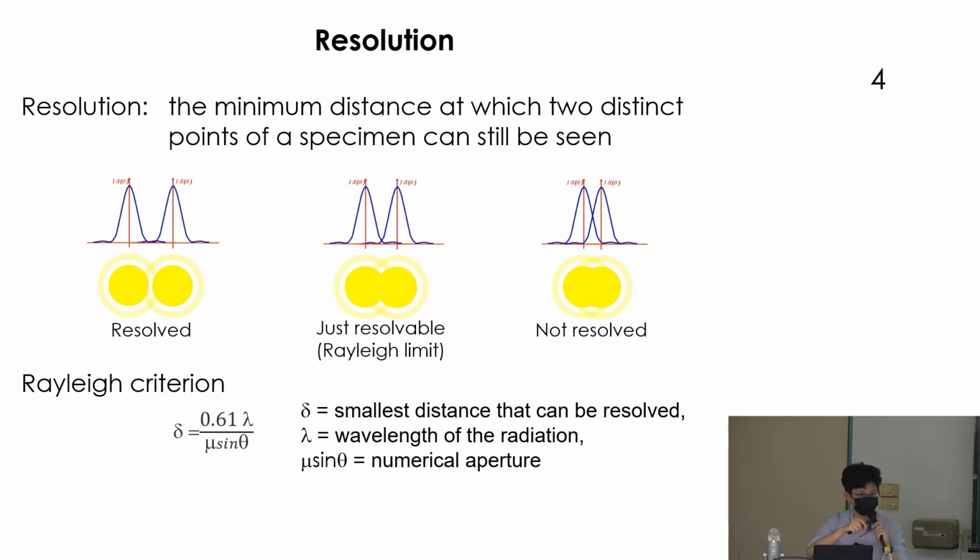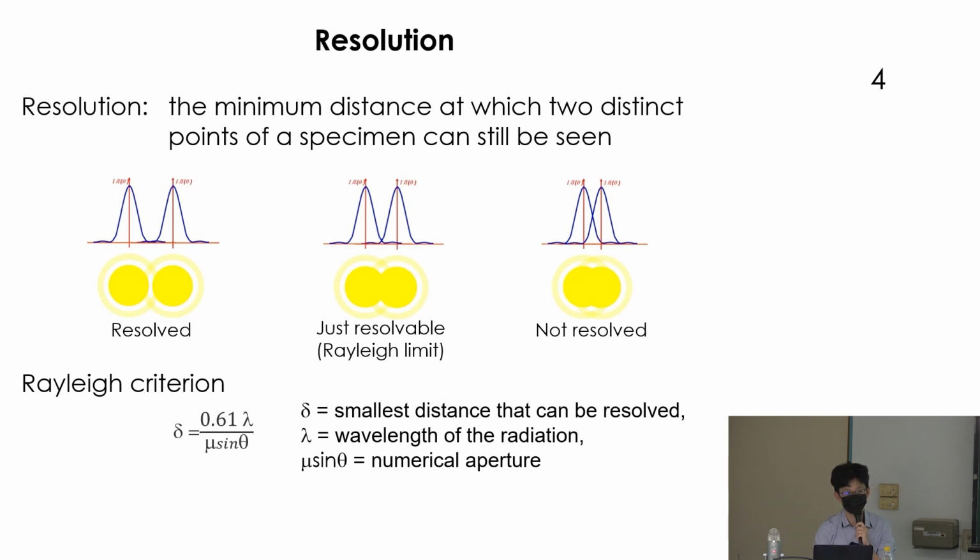To your eye, maybe just 1 point, so we will say it's not resolved. Somewhere in between, there's a place you can just see, well, it's very close, but you can still tell there are 2 points. We'll call it just resolved, or technically it's called the Rayleigh limit. So the distance of this case is much smaller than this one. So this is the resolution limit for this particular microscope.